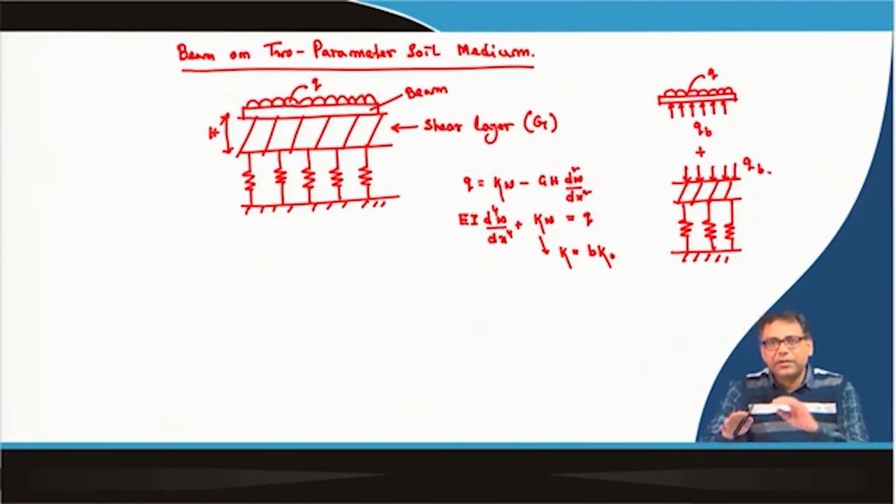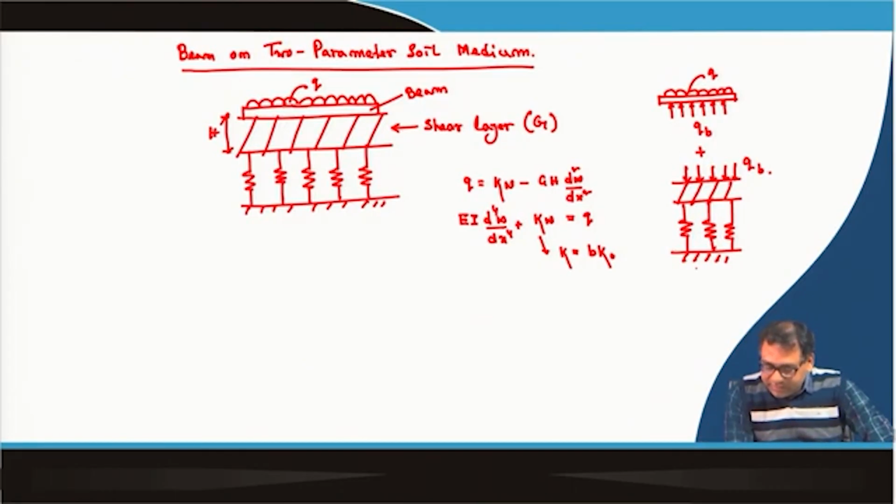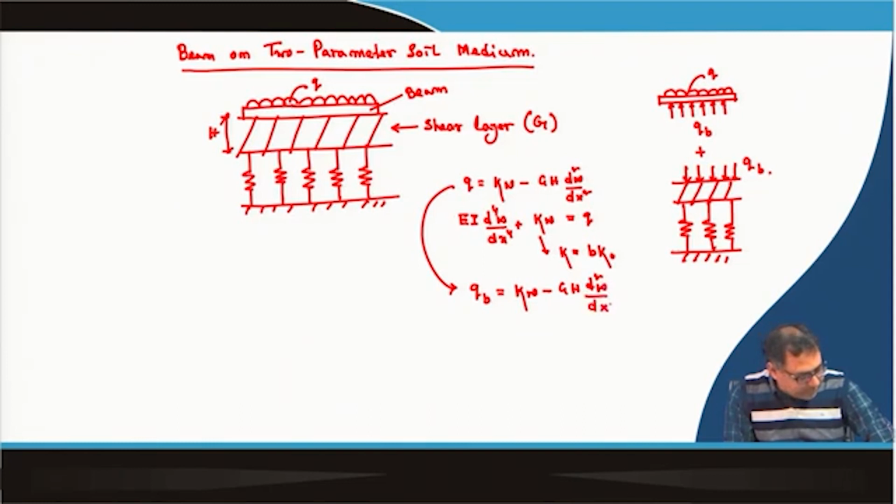Now I have separated this model, that means only the two parameter model, and the beam with the reaction. Now if I write the equation, the two parameter model will be QB, that is equal to K W minus G H d square W d x square.